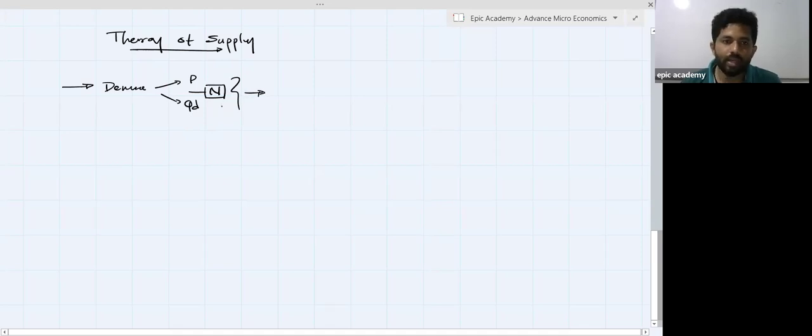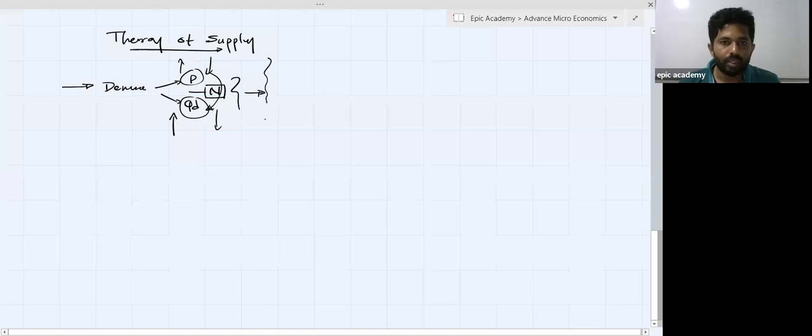When other things remain constant, the relationship between the price of a certain commodity and the demand is inverse. We call it a negative relationship. If the price increases, quantity demanded decreases. If the price decreases, quantity demanded increases. This is the negative relationship.